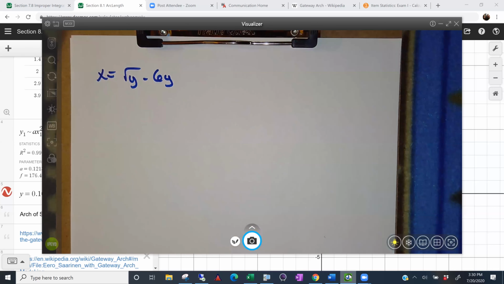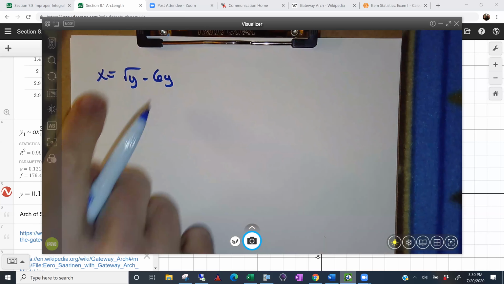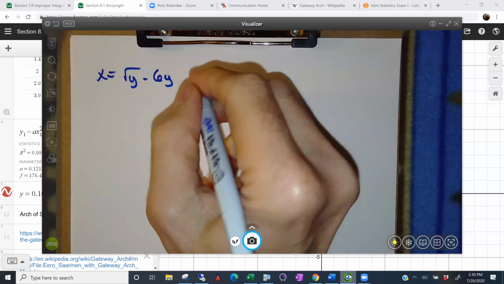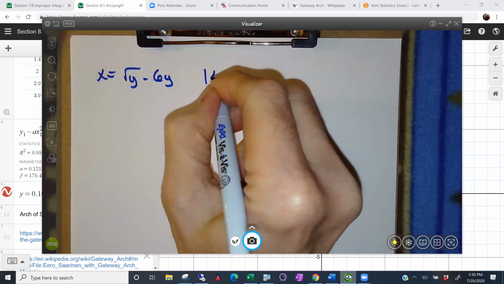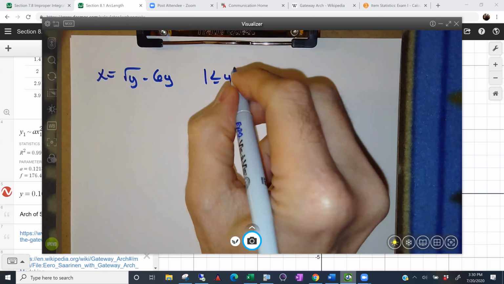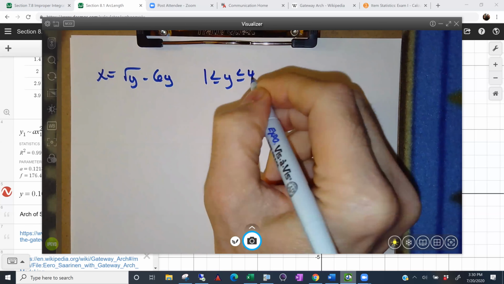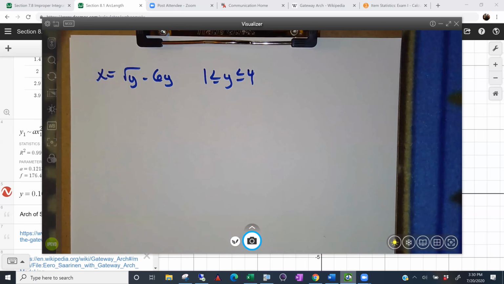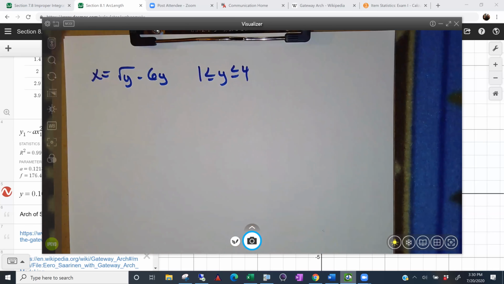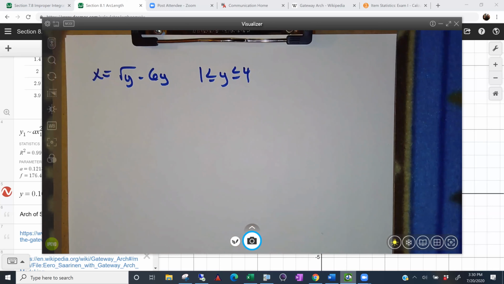Okay, so this time we have x as a function of y. And again, this information has to be given to you. We want to find the length of the arc here between 1 and 4, like that. So, trying to think.